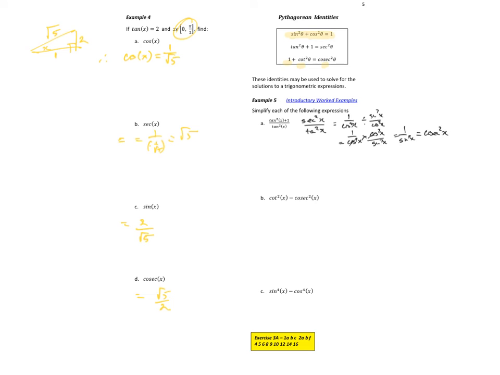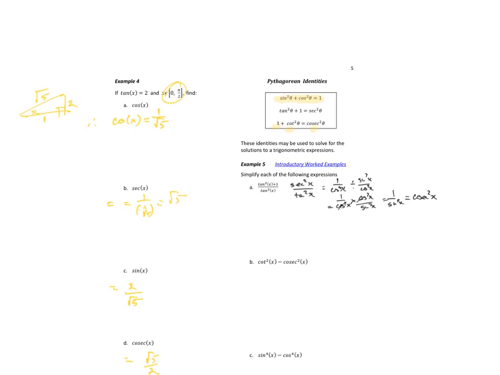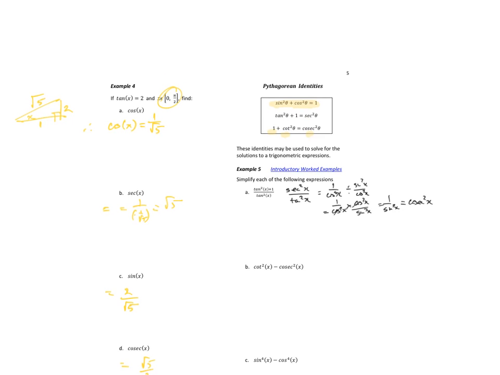Okay? Cot squared minus cosec squared. So where are our identities up there? So I've got cot squared. Well, let's have a look at cosec. Cosec squared is 1 plus cot squared. If I just do that, so what does that mean?